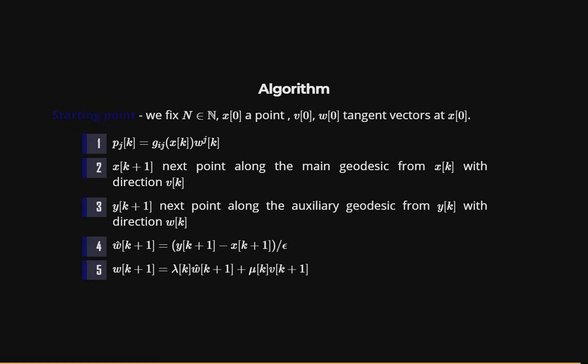So we also compute the parallel transport of v, which is just given from the Hamiltonian equations. So we combine our estimation for the Jacobi vector field with the tangent vector to the geodesic. Why?